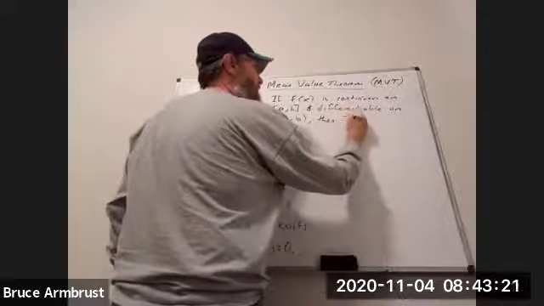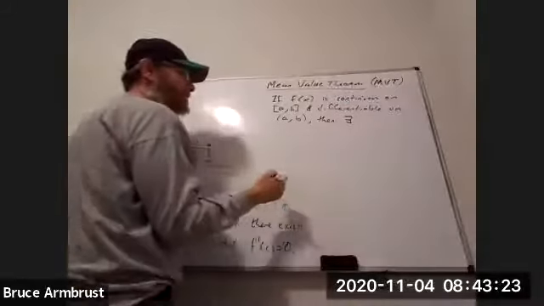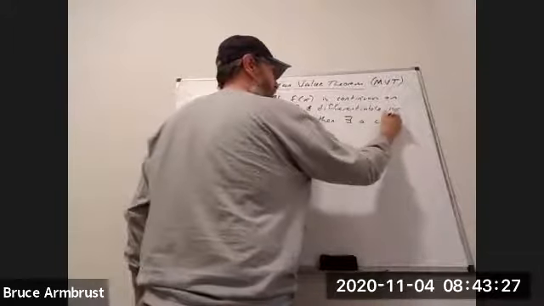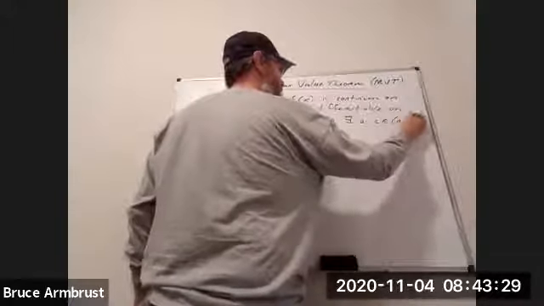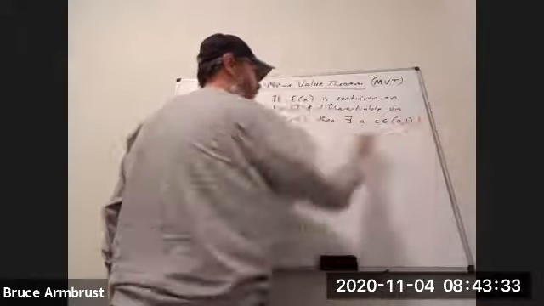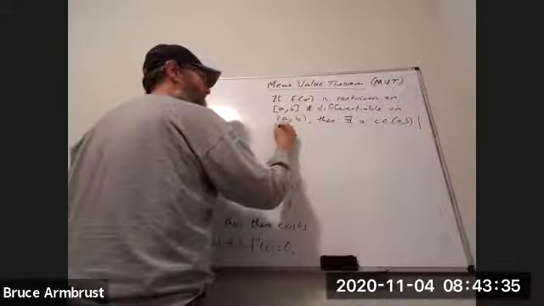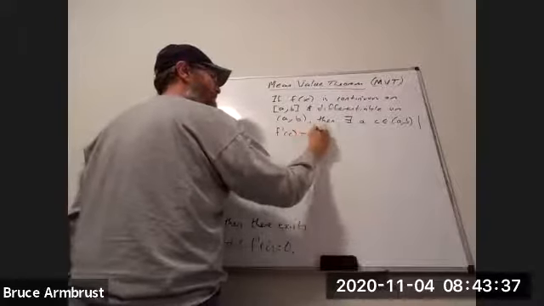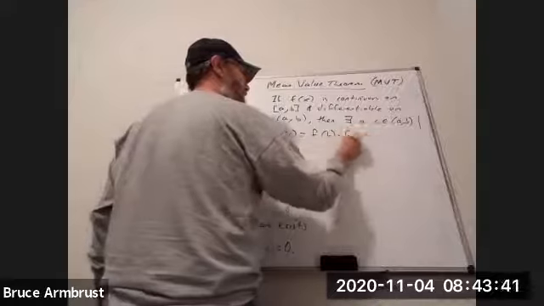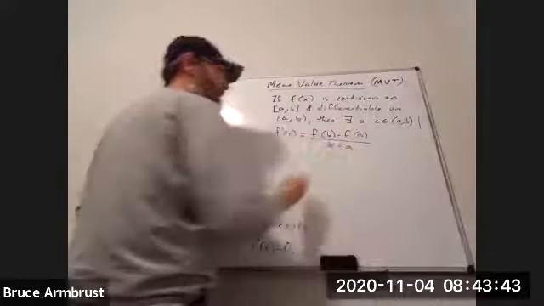So then, there exists a C contained in AB such that f prime of C equals f of B minus f of A over B minus A.